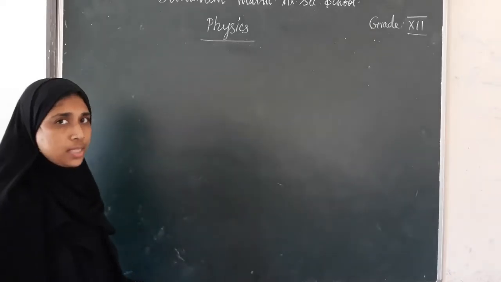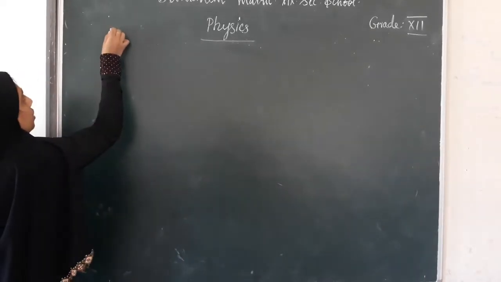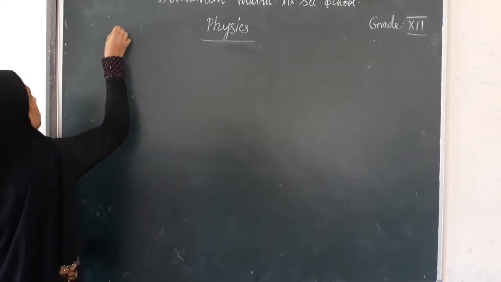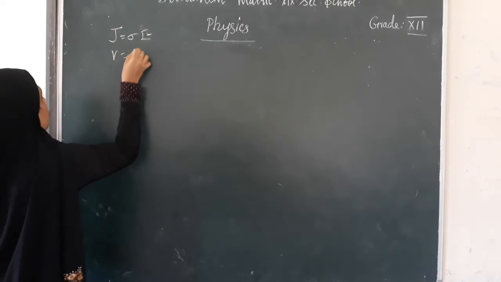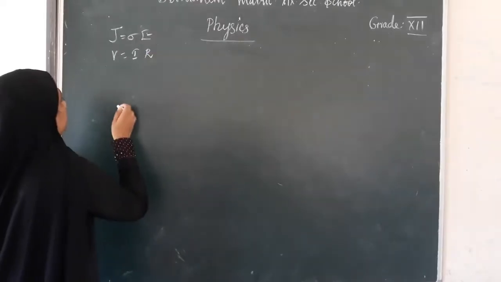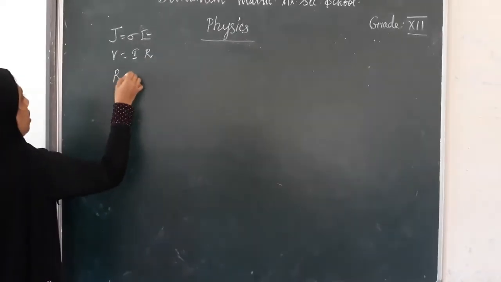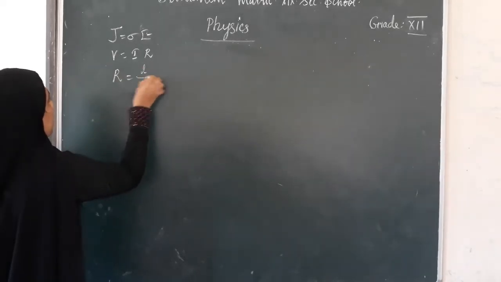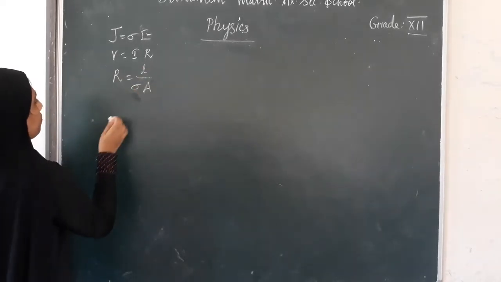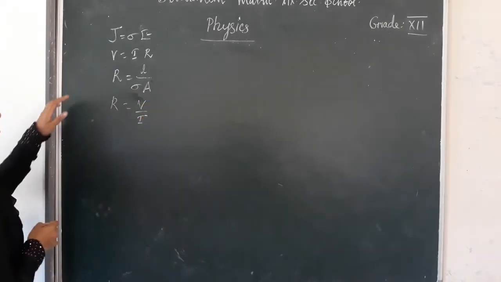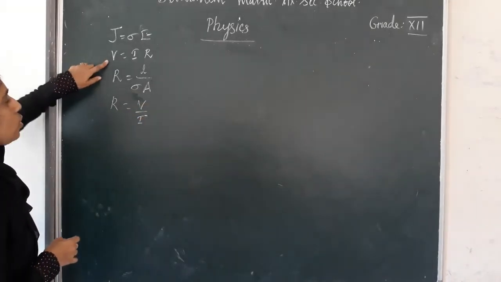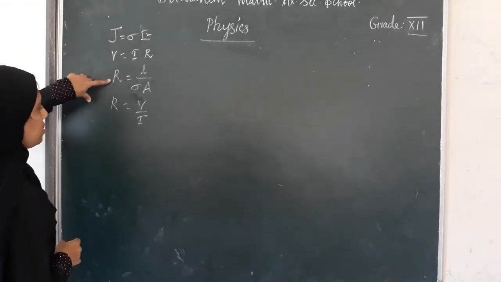So far we have seen J is equal to sigma E, V is equal to IR, then R is equal to L by sigma A, and R is equal to V by I. So J is current density, V is voltage applied, R is resistance.